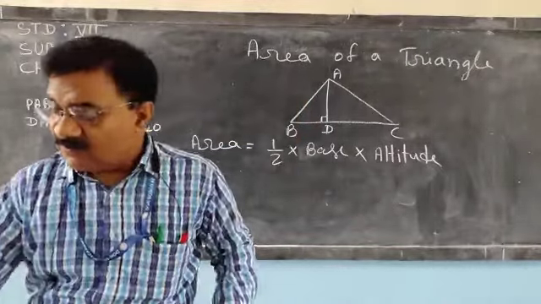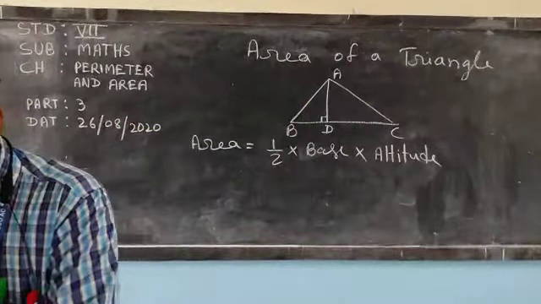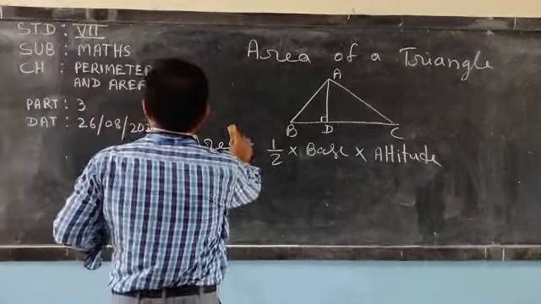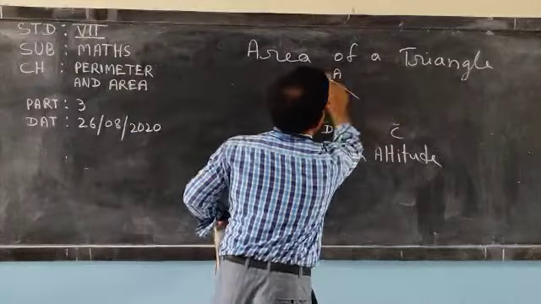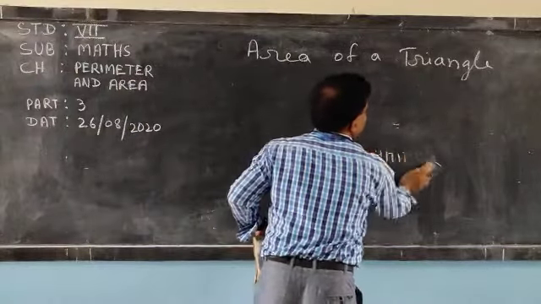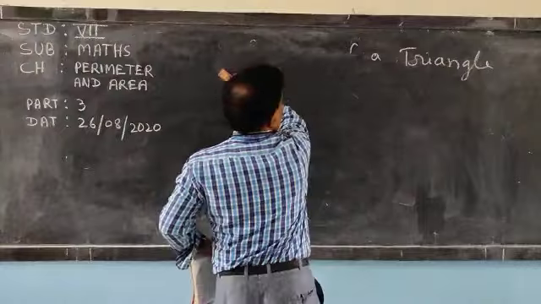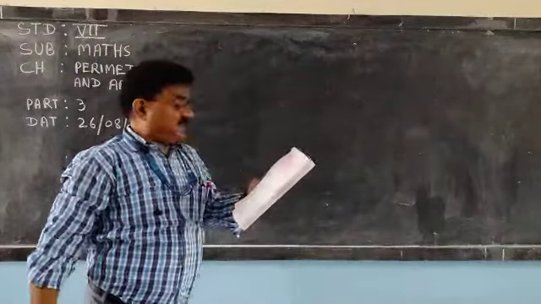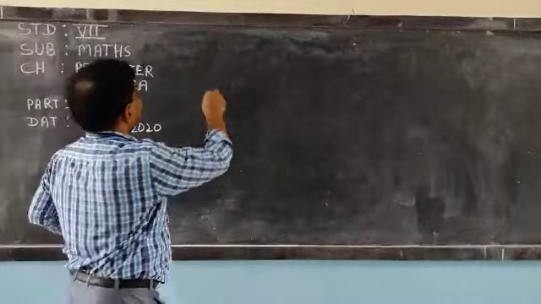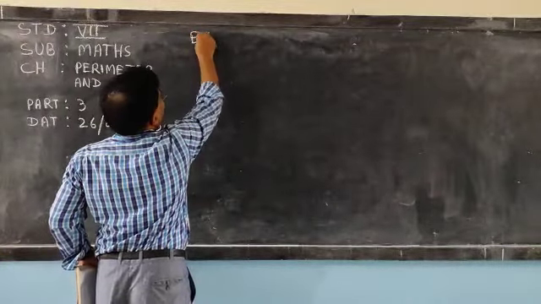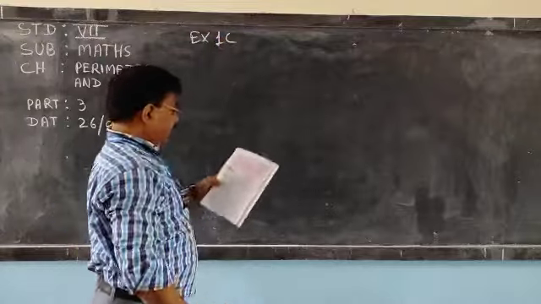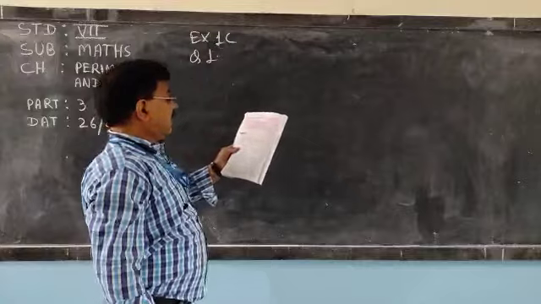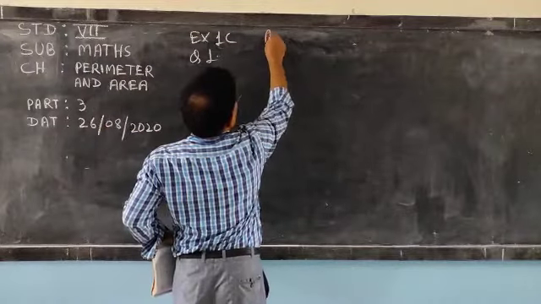Now let us solve one question, then we will be able to understand. Exercise 1C, question number 1. Find the area of a triangle.